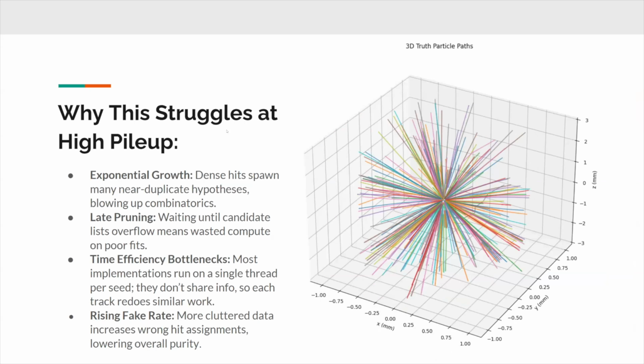And this struggles because you have to build so many tracks for each seed, and that could obviously get very slow at high amounts. This is why we came up with other methods.